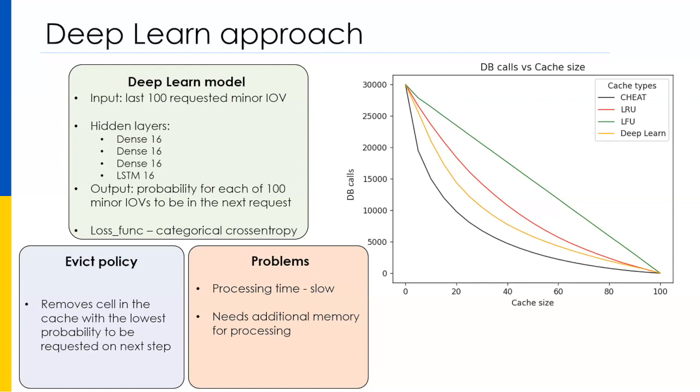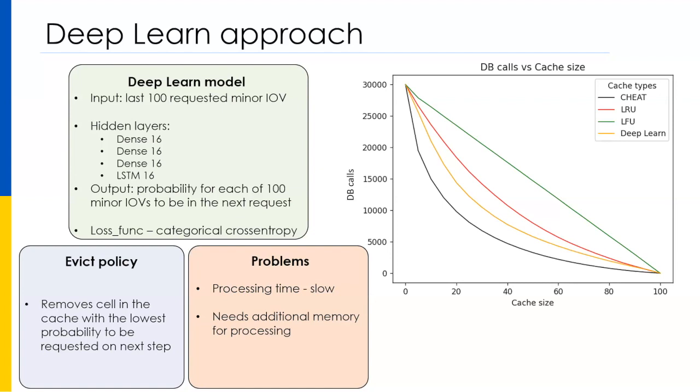You can see our hidden layers with dense and LSTM, long short-term memory. As an output, we're using the probability for each of 100 minor IVs to be requested on the next step. And the eviction policy is based on this output, so we remove the cell in the cache with the lowest probability to be requested on the next step.